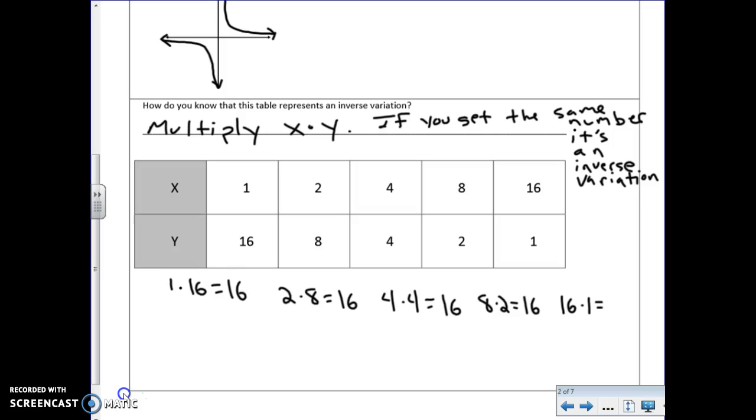It's 16. So we got 16 each time, right? See? 16, 16, 16, 16, 16. Okay, we got the same number each time we multiplied, so that means it's an inverse variation. And our k value is equal to 16. All right? So to determine if it's direct, divide. To determine if it's inverse, multiply.